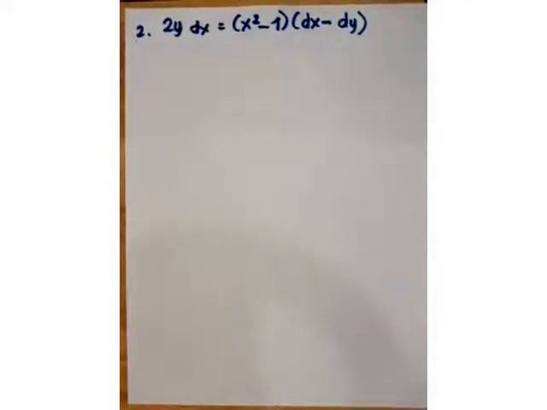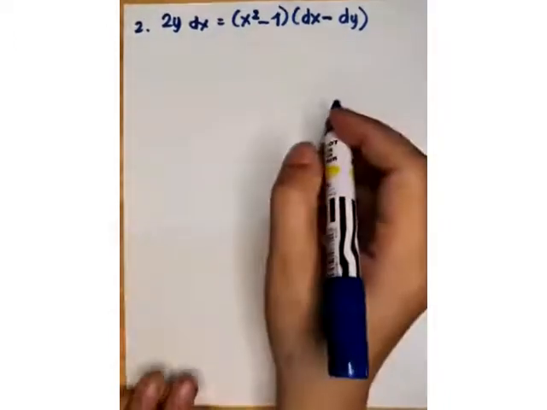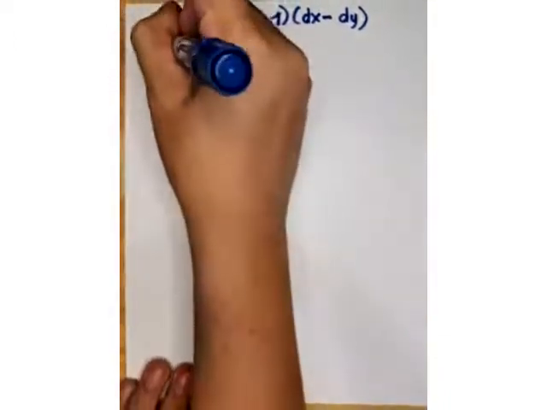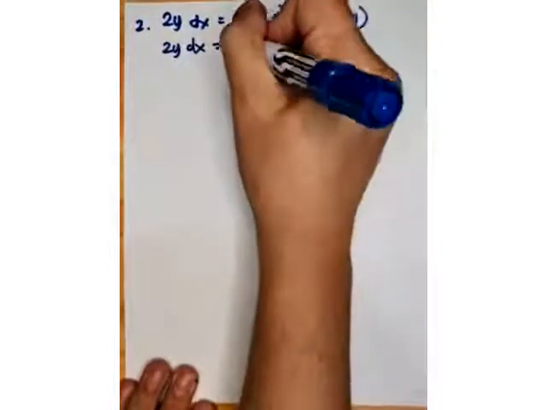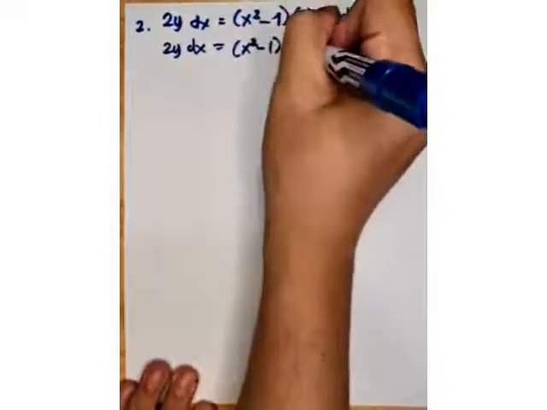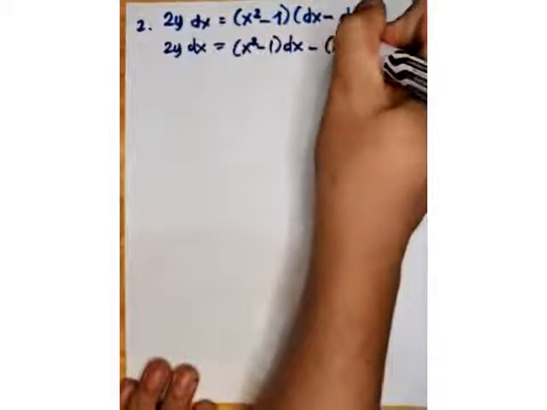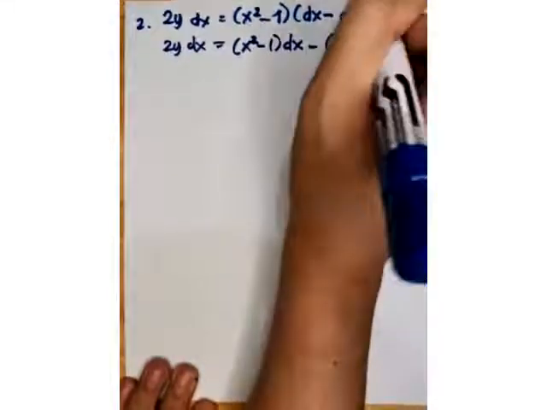So what we will do is dy over dx. But first, let's distribute. So 2y dx is equal to, distribute the dx, so that's x squared minus 1 dx minus x squared minus 1 dy.